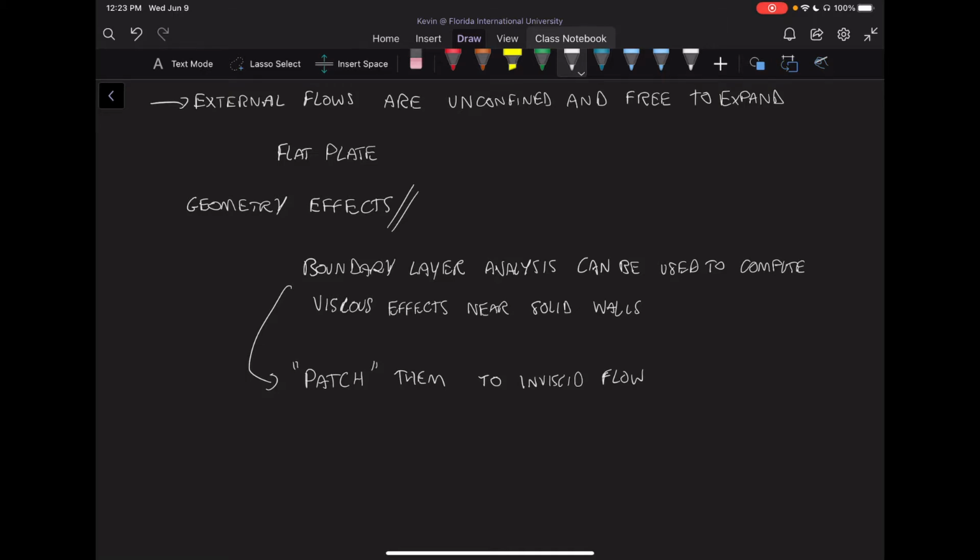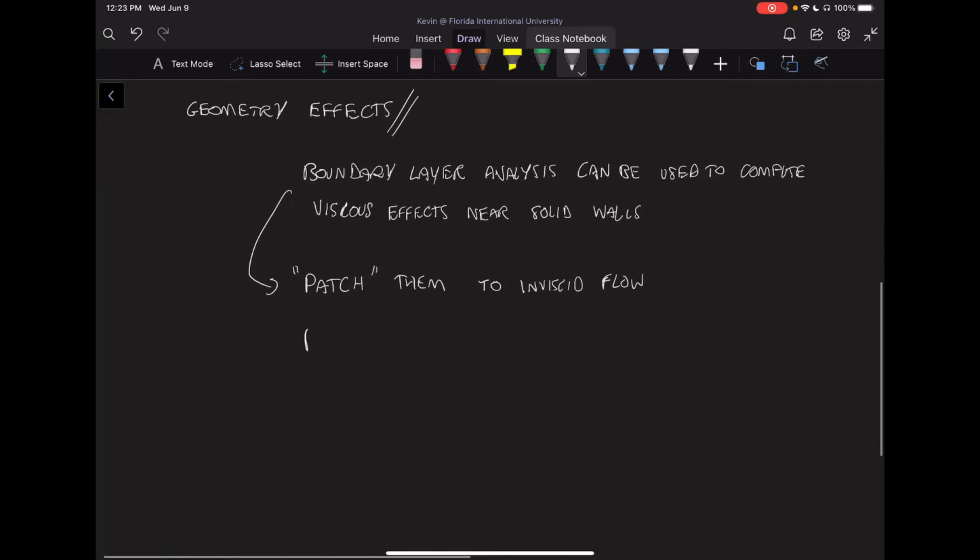Okay, now one thing to note is that as the Reynolds number, and now we're going to use a subscript x in our Reynolds number, because we're not using the diameter of a pipe anymore. We're now going to be using the distance of a plate or the distance of certain geometry. Okay, so it's going to be Reynolds sub x now. So as Reynolds sub x gets higher, we can say that patching gets easier.